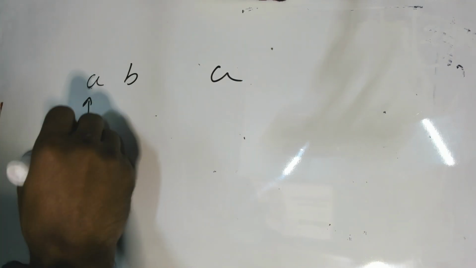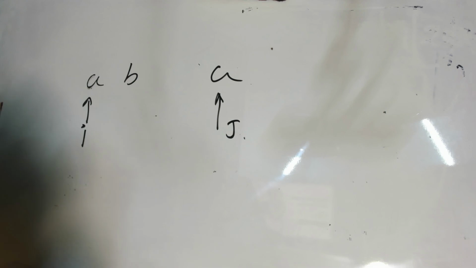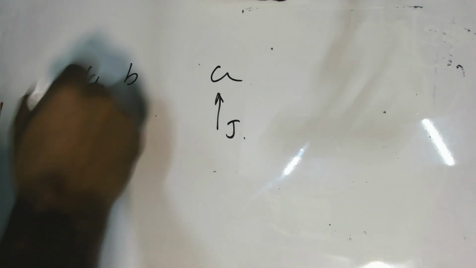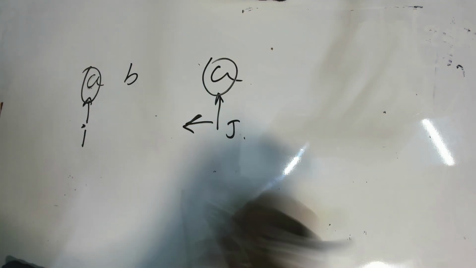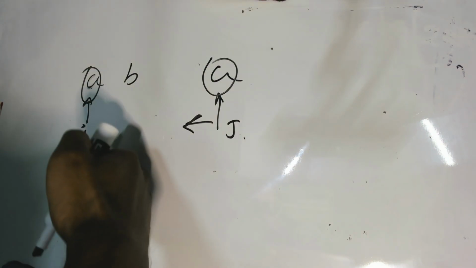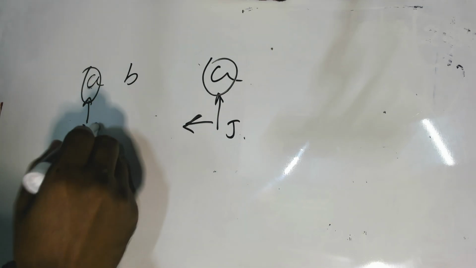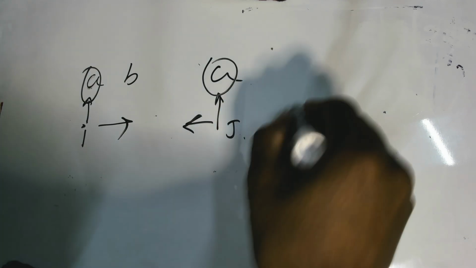We're going to create a pointer I here, and a pointer at the end, that's J. Then we're going to keep comparing this character with the Jth character, and keep moving J towards the left and I towards the right. And if we find every character matches, then it's a palindrome.